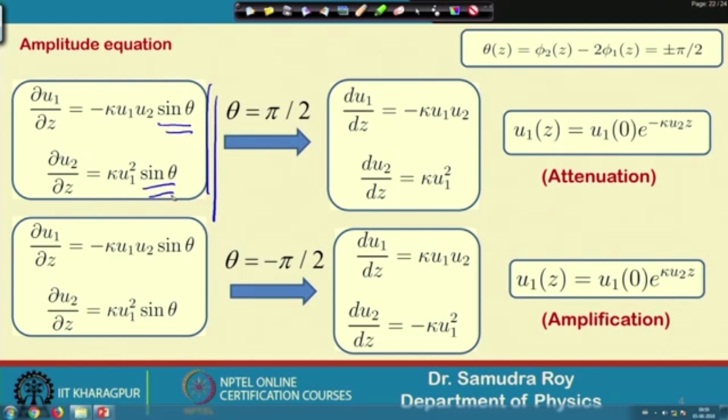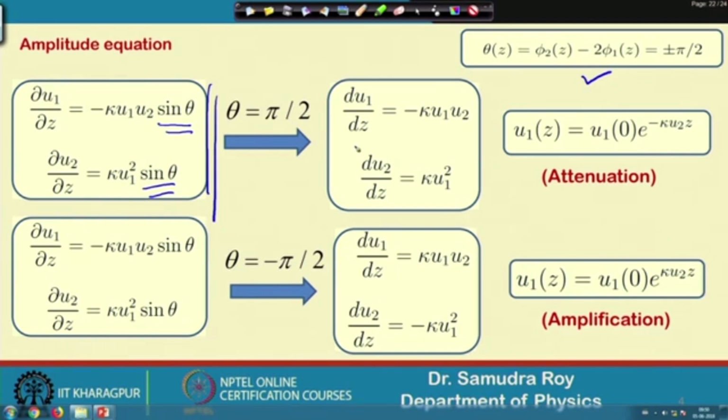In the sticky note at the corner, you can find that theta was phi 2 minus 2 phi 1, and we mentioned that if this value is plus minus pi by 2, then we can have our expressions u1 and u2 slightly modified.